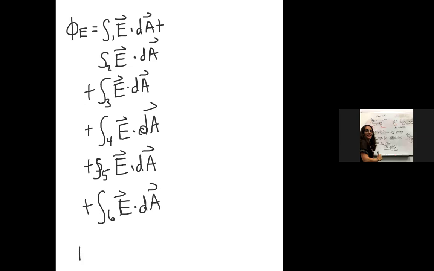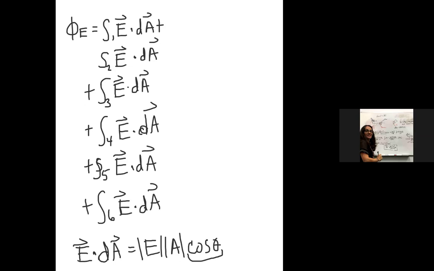And keep in mind that every single one of those E dot dAs is magnitude E, magnitude A, times the cos of theta. Now we already found the cos of theta for all 6 of those.